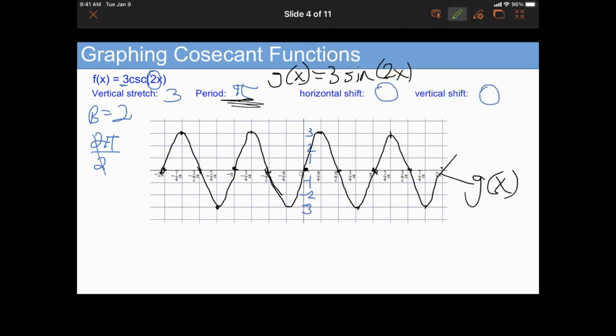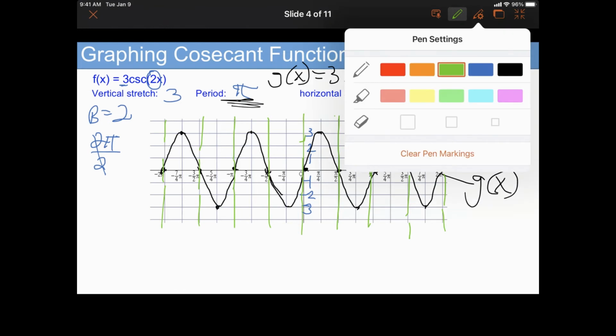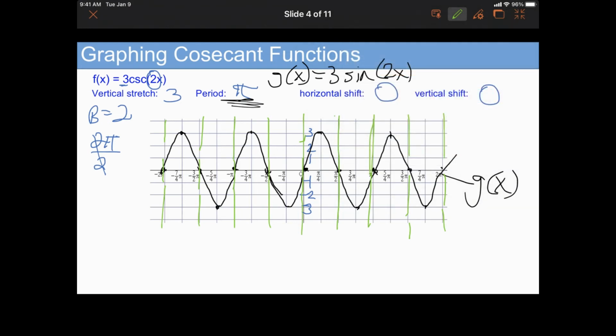So at the x-intercept, I didn't draw vertical. I know, it's more than one cycle. It's more than 2. All right, and now I'm getting a different color, orange.